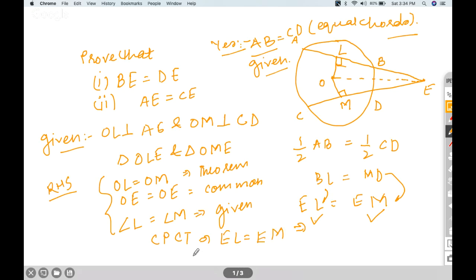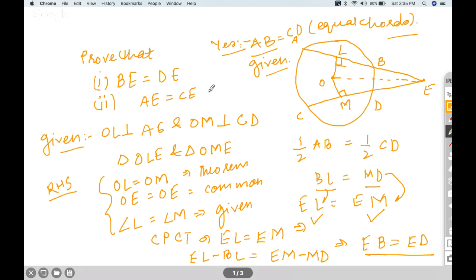Now, if EL is equal to EM, so EL minus BL would be equal to EM minus MD, as we already know that BL is equal to MD. Now, EL minus BL is EB, and EM minus MD is ED. Now this has been proved.